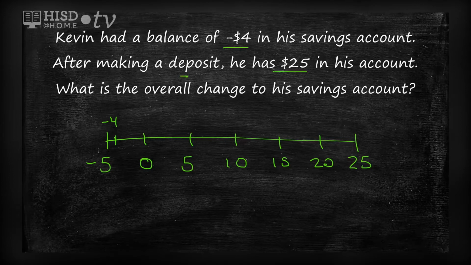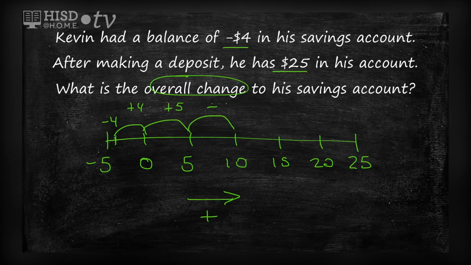And remember, I want to find the overall change. So I want to find how much did he move. If he moves to the right side of the number line, that means that he is doing a positive change. So I'm going to start here. I'm going to go over here until 0, which is a positive 4, and then positive 5, then another positive 5, then another positive 5, all the way until he reaches the $25 that he now has in his account.